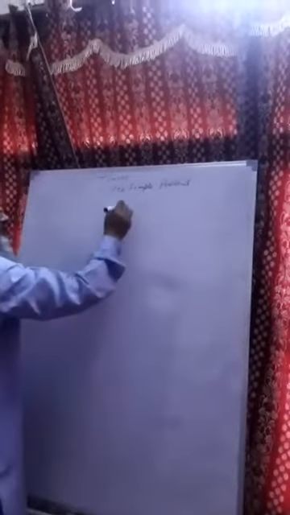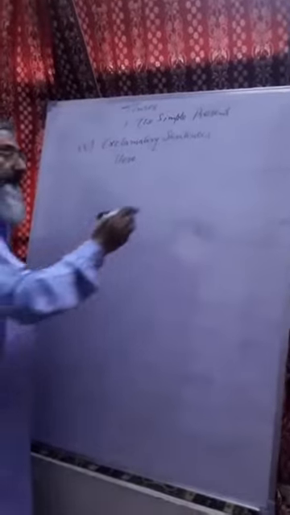Number 5. In case of exclamatory sentences that begin with here or there, we use the simple present.